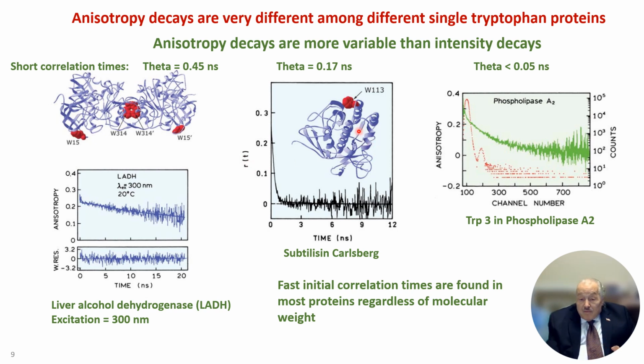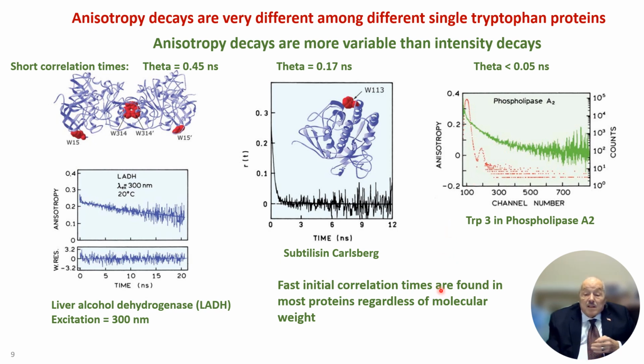Some proteins that have very exposed tryptophans, the anisotropy decay is even more rapid at the beginning, and in fact you can't even see the global rotation here because all of the anisotropy is lost in the first 200 picoseconds. Or we get to phospholipase A2, a particular tryptophan in there, and it has an even faster initial anisotropy decay.